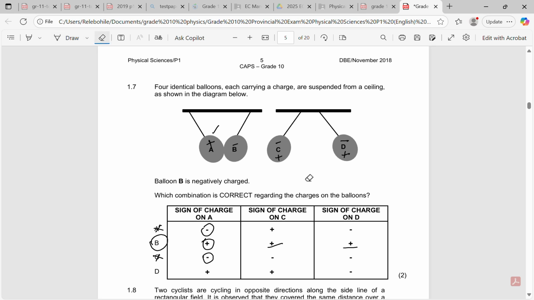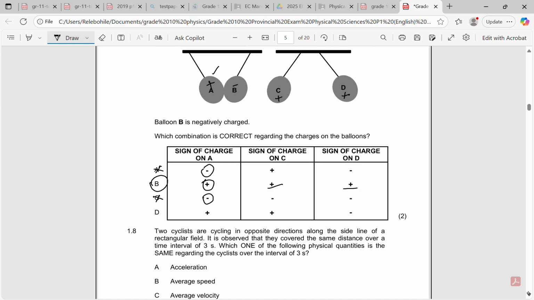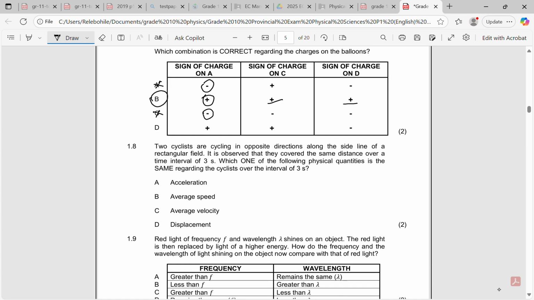So the option that we have here is that they are both positive. Thus, we are going to go with option B. Okay. D won't work because it says C and D are oppositely charged, which is not correct. Okay. Now let's go to 1.8.